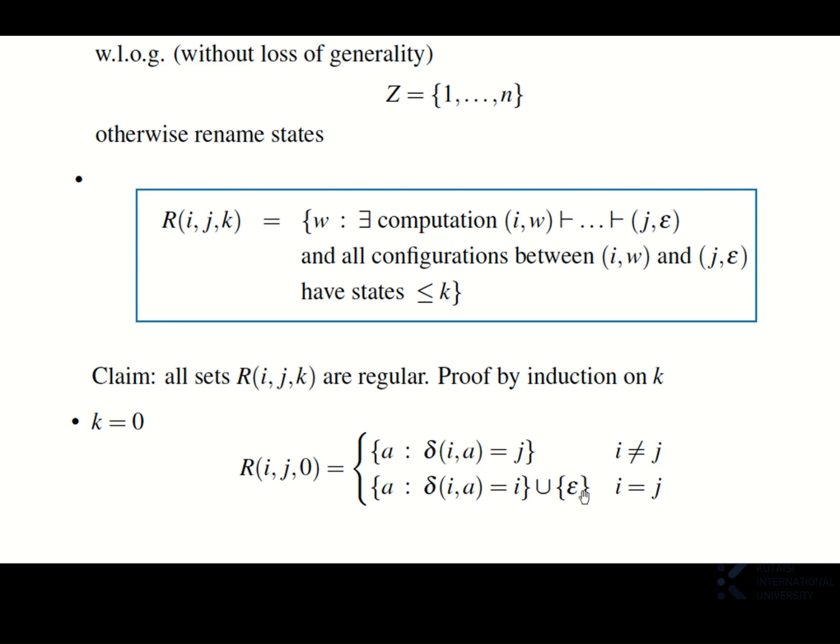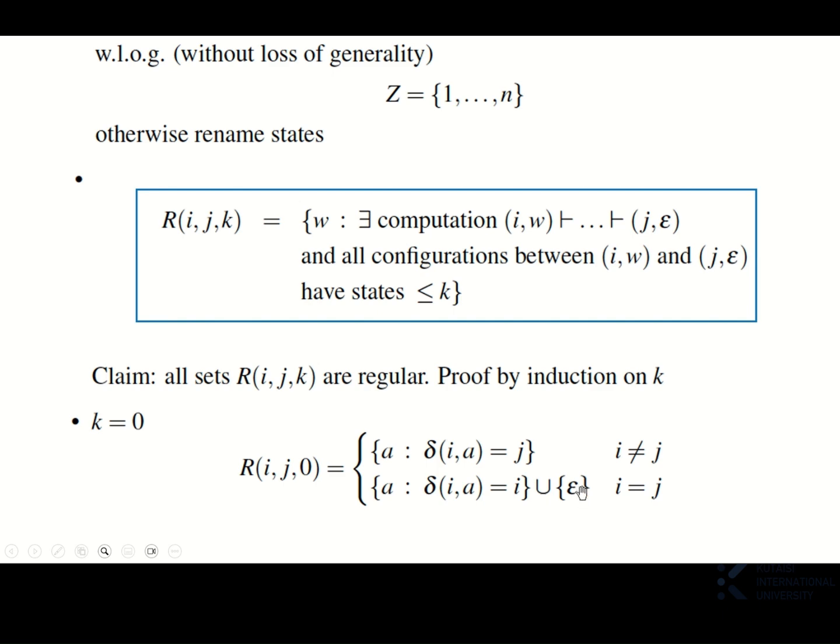So if i equals j, either you're reading nothing, or you're just reading a single letter, which letter? Such that delta(i, a) equals i. So Rij0 either consists of a single letter, in case i equals j, or it's an empty set.